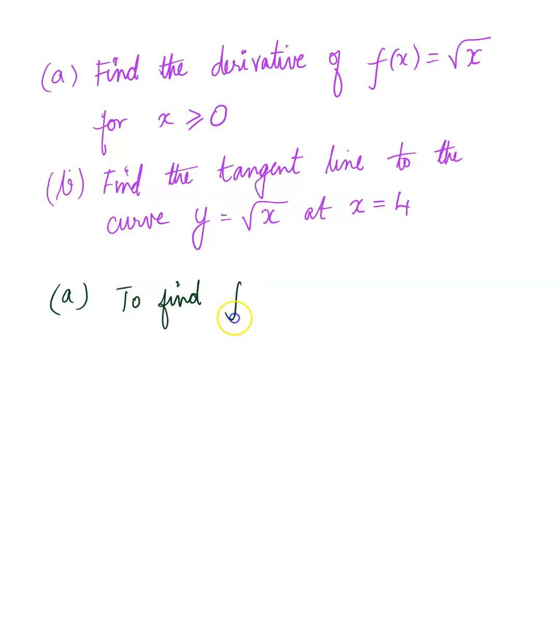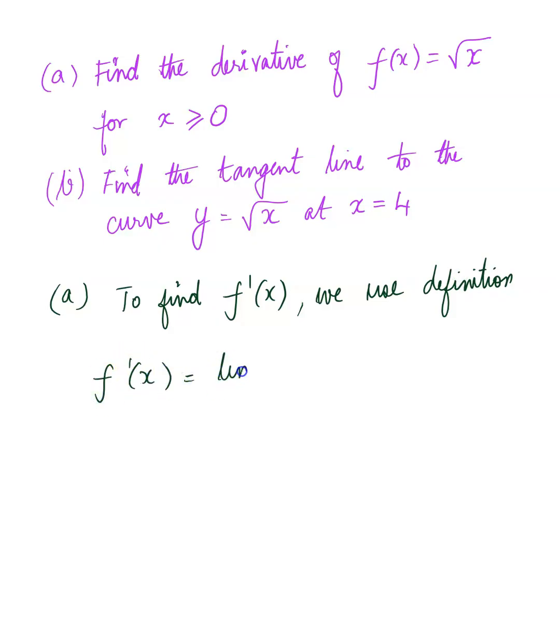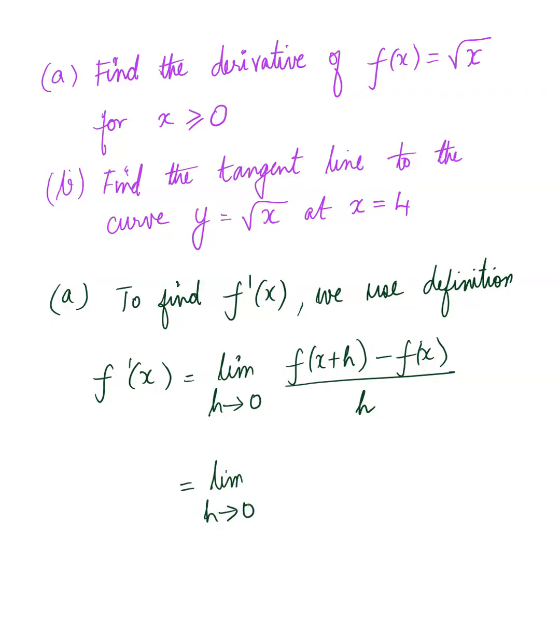To find f prime of x, we use the definition. So f prime of x is the limit as h approaches 0 of f of x plus h minus f of x, all over h.